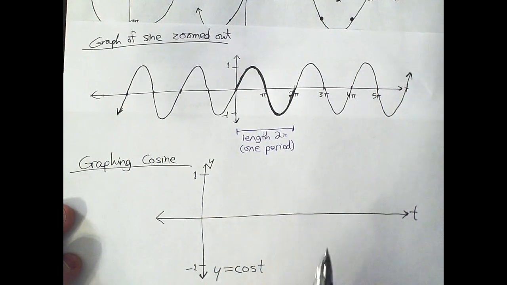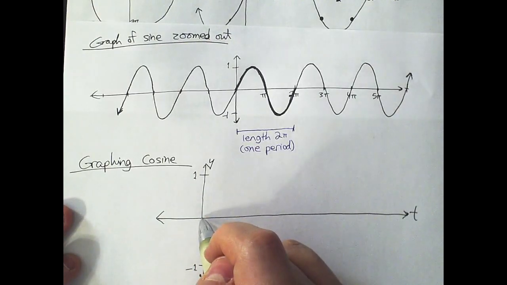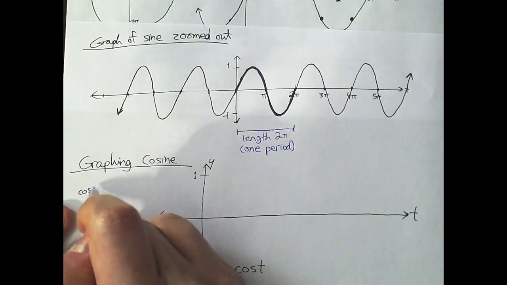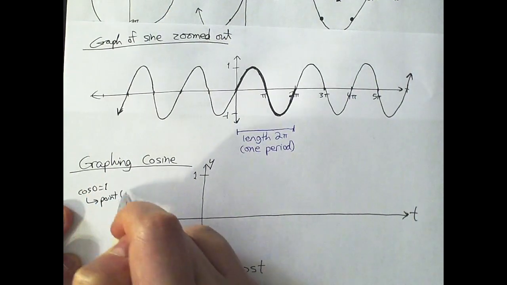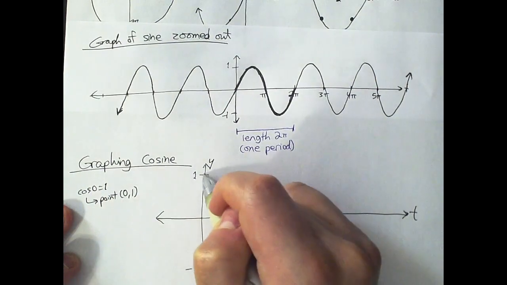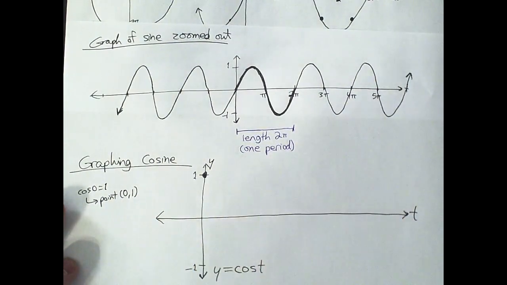All right, what's cosine of 0? Look at your unit circle. Cosine of 0 is 1. So we have the point 0, 1. That's up here. This is already different from the graph of sine.